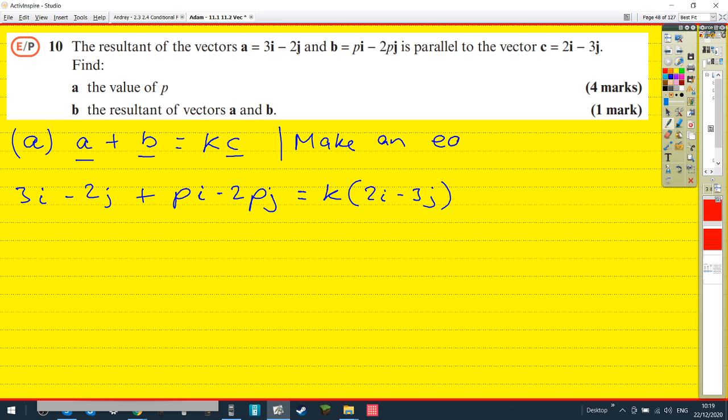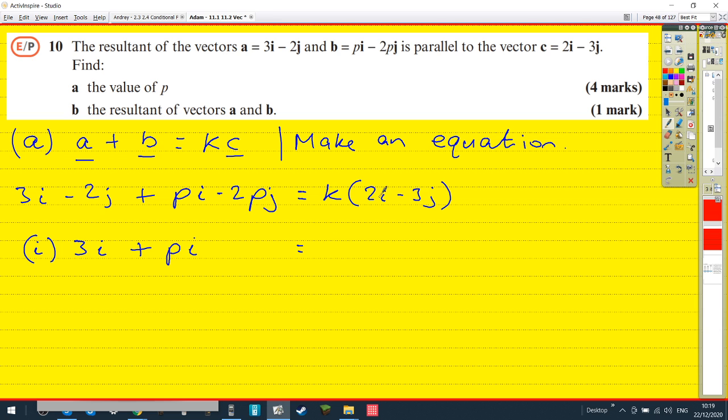Yeah. So it'd be 3i minus 2j. Let's say i only. 3i plus Pi equals K times 2i minus 3j.